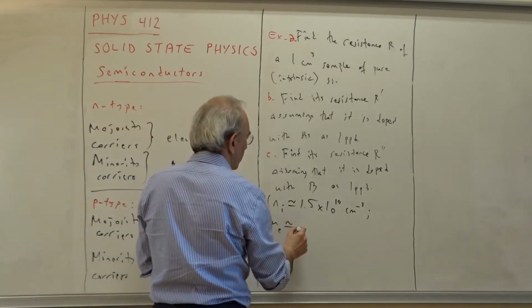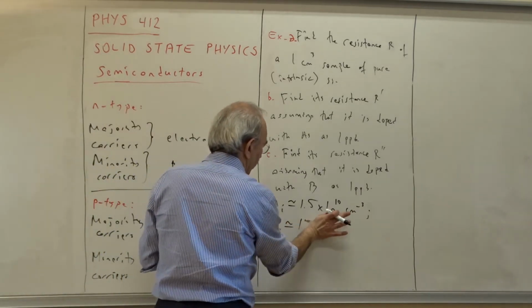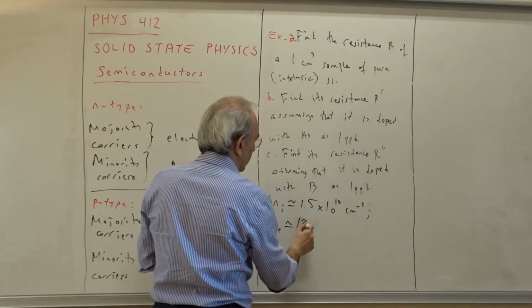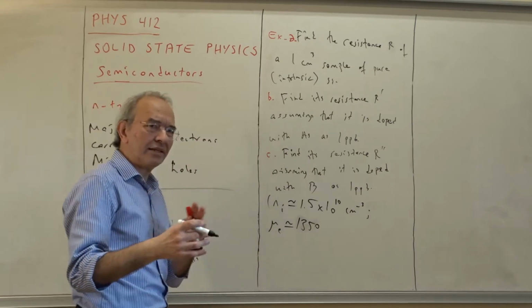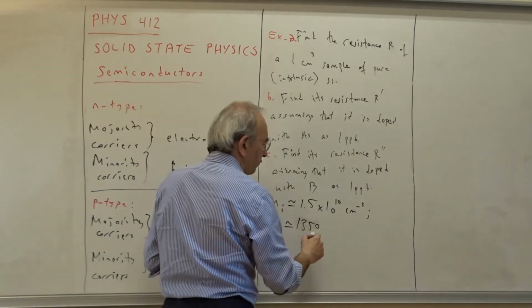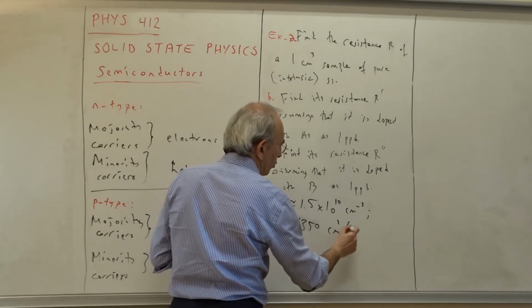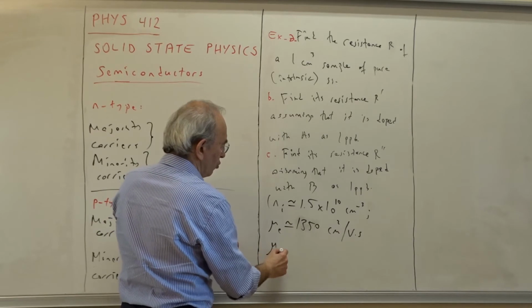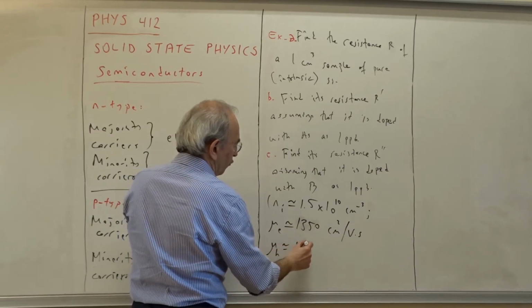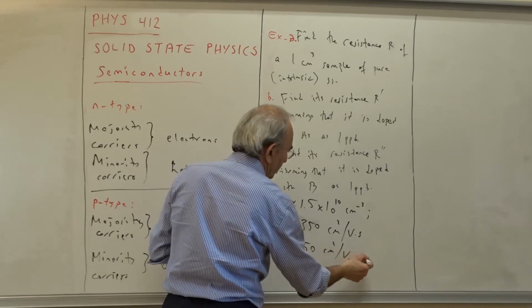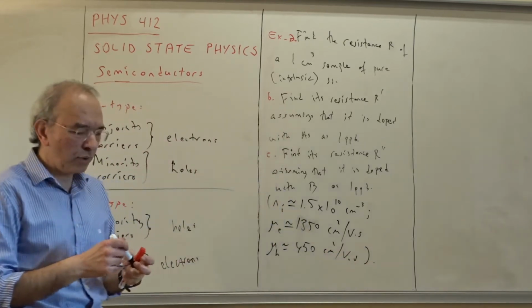This is approximately 1,350. In fact, one can take it as 1,500 for simple calculations. 1,350 centimeters squared per volt second for a free electron, and mu h is approximately 450 centimeters squared per volt second. And these are the required constants.